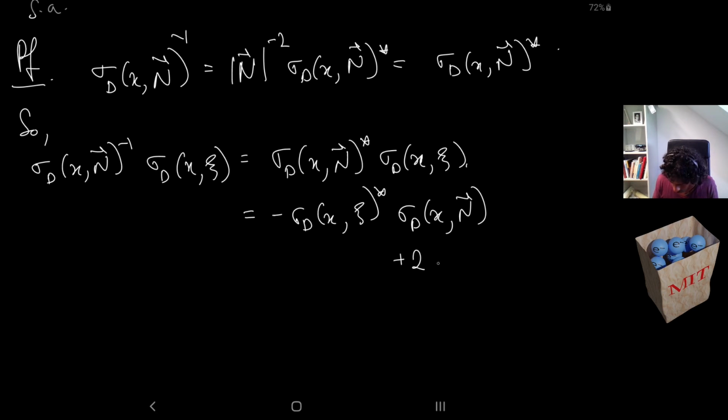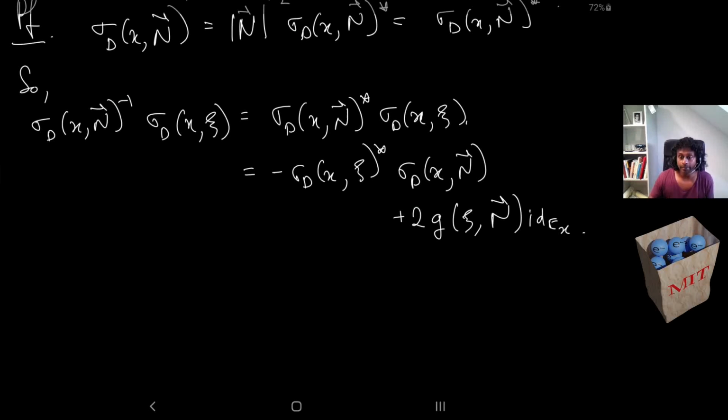So we have 2g(psi, N) times the identity on E_X. But this is also the advantage now that we are able to extract better information when we are in the situation of a normal vector.